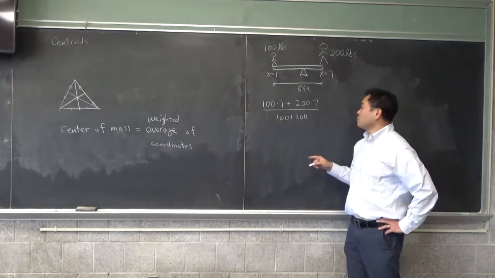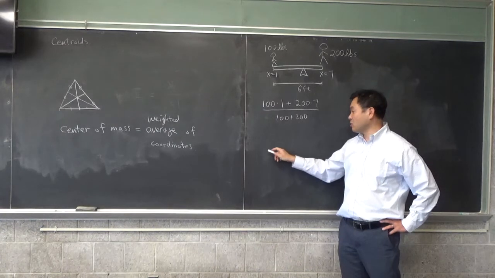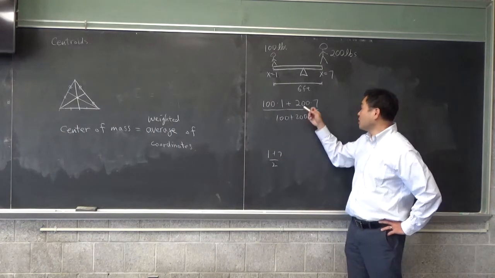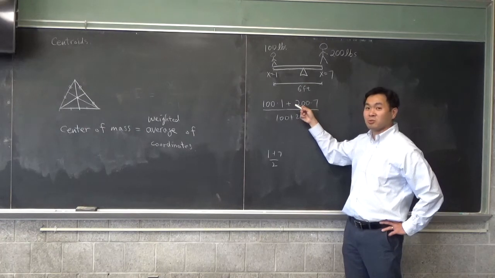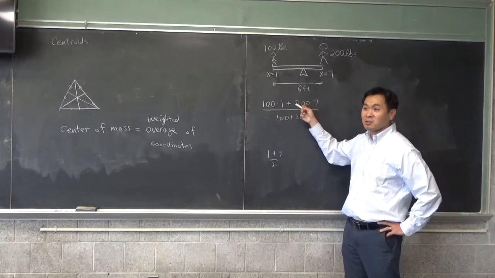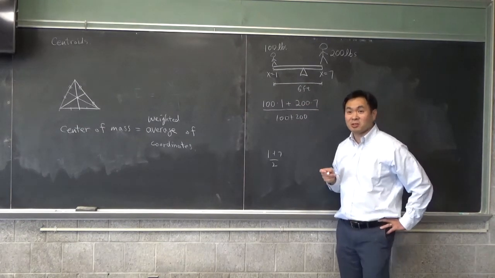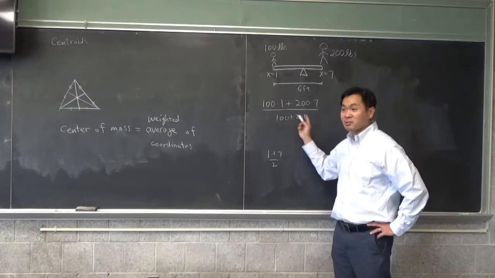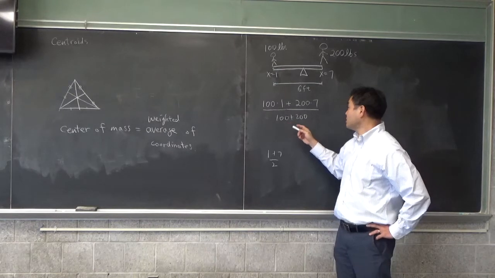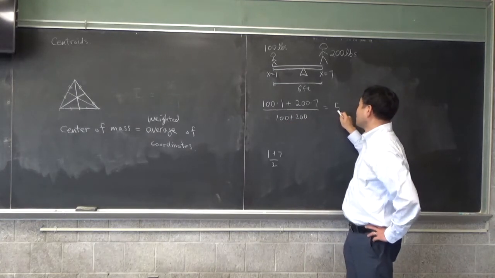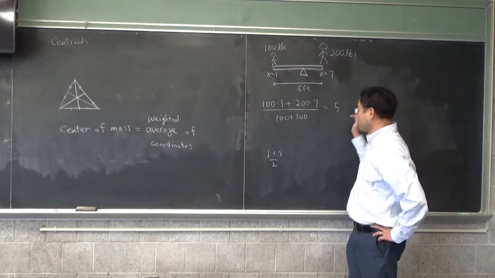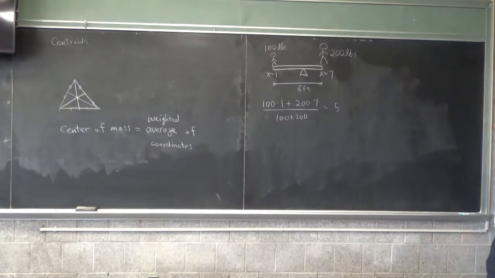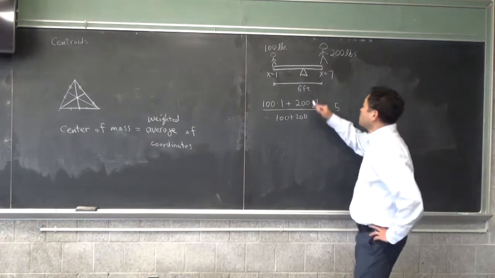So rather than just taking a simple mean value of 1 and 7 divided by 2, you give more weight to the dad's position because a heavier object is there, right? And then you divide by the total weight, and you'll end up with 5. Yes, x equals 5. Good, it's fast. So that's where the center of mass will be.